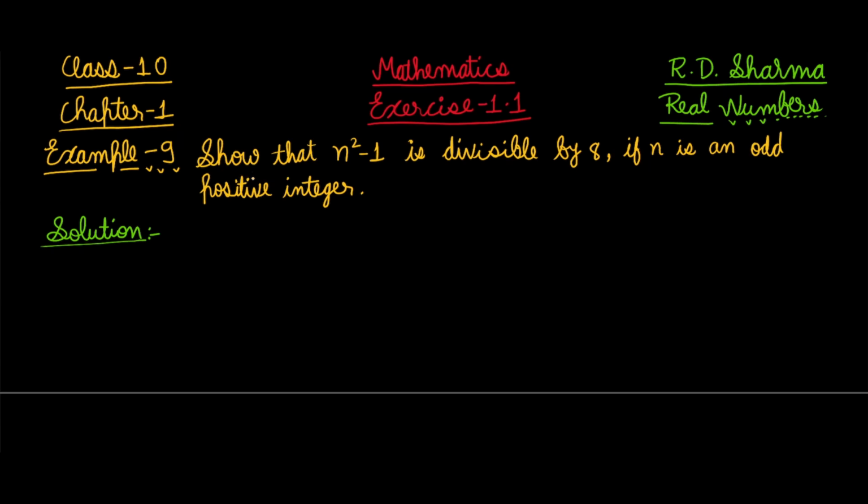So the question is, prove that n square minus 1 is divisible by 8 if n is an odd positive integer.